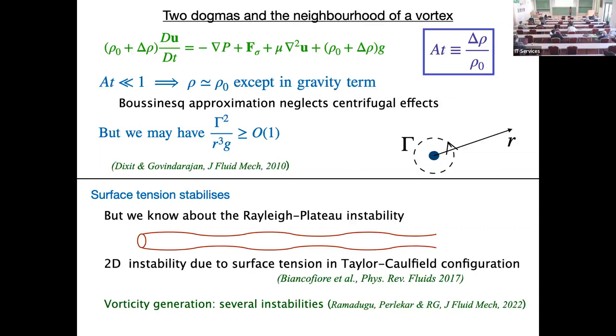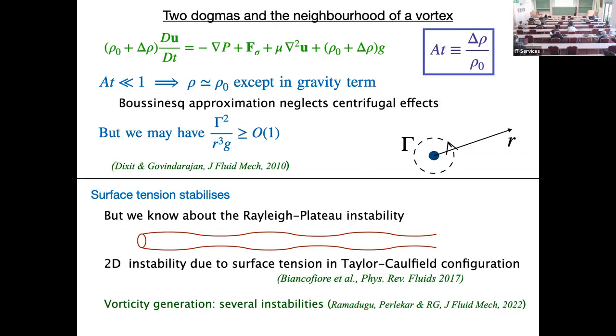Normally under the Boussinesq approximation, when you come across an equation like this, and you say the Atwood number, namely the density difference divided by the total density, is much less than 1, you will neglect this part of the density variation and you'll retain it only here. But you can actually show very easily that that will be wrong if you have a vortex whose circulation gamma is such that there is this Froude number you can construct.